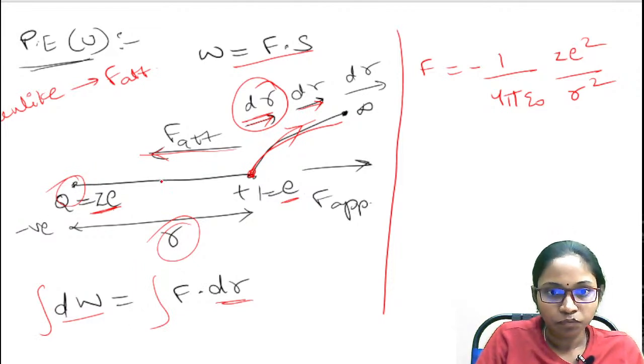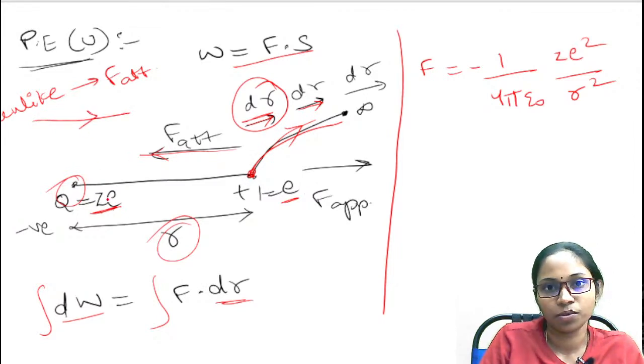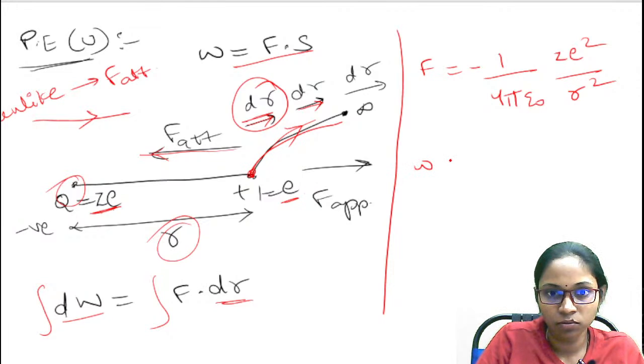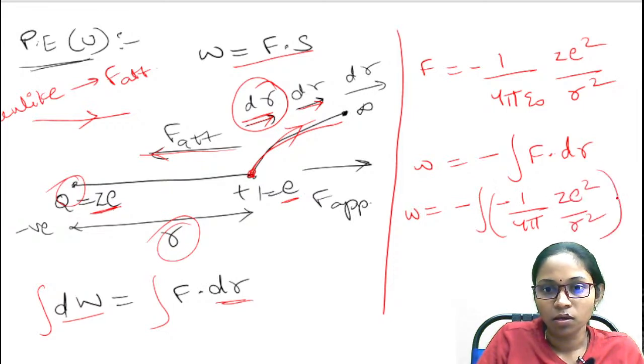See, here I am applying the force in the opposite direction to the attractive force. Therefore here work done is negative. So integration of dw will be W, which is equal to minus, since work done is negative, integral of F dot dr. And work done is equal to minus integral of minus 1 by 4 pi epsilon naught Ze square by r square into dr. I just substituted this Coulombic force of attraction in this equation.